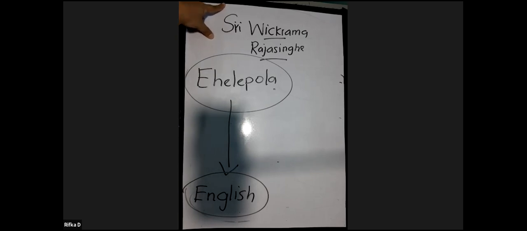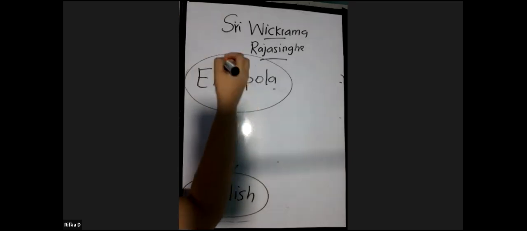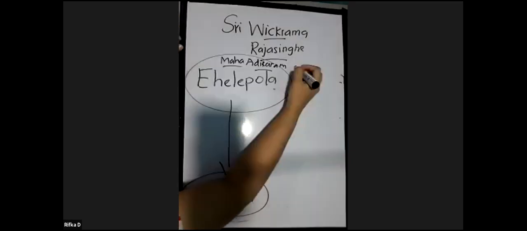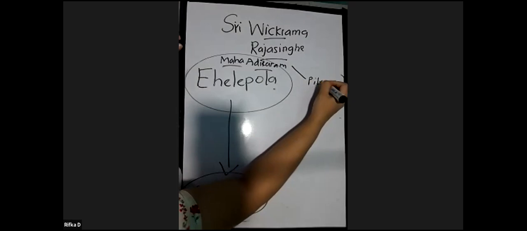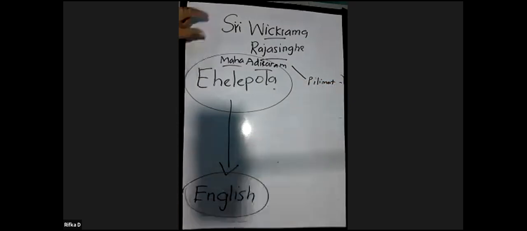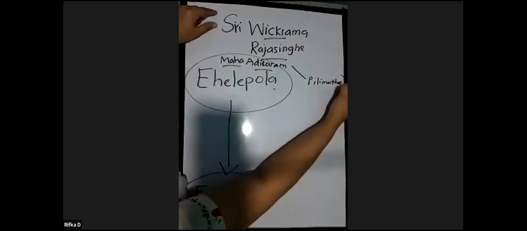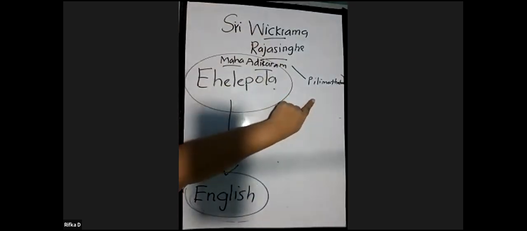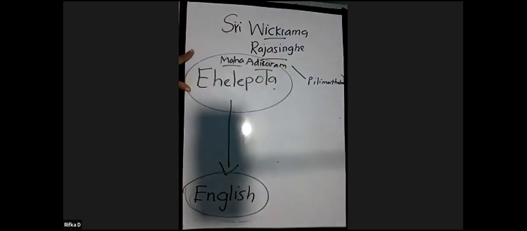Ahalepola is the Mahadikaram, my dear. Earlier it was Pilimathalava. I told you, Pilimathalava only made King Sri Vikrama Rajasingha the king. After he punished Pilimathalava, he appointed Ahalepola as the Mahadikaram.